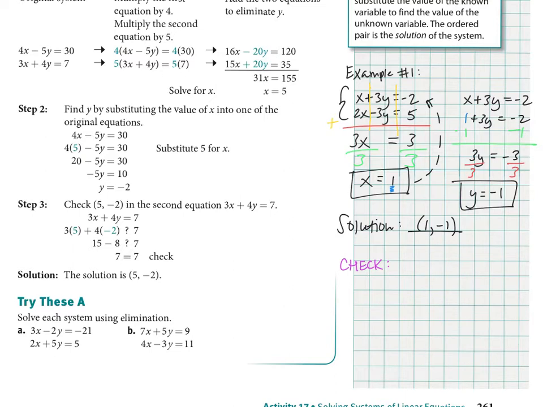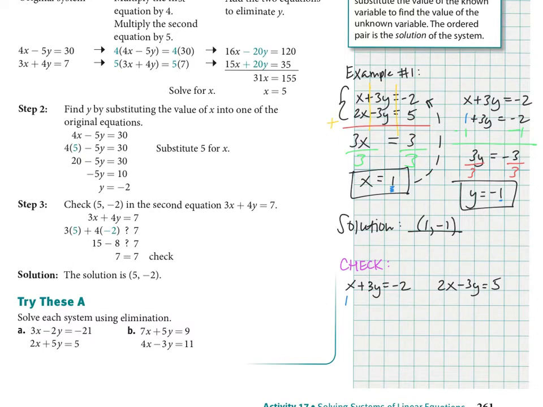So let's go ahead and write down our 2 original equations. And what I'm going to do is input 1 and negative 1 into their correct spot. So sometimes I like using a little bit of a different color so that it stands out a little bit. So I'll put in 1 for x. Ooh, that's a highlighter. Let's try again.